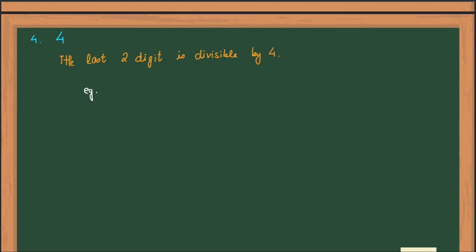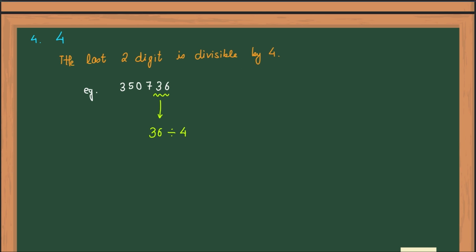Now let us consider the example 340736. What are the last two digits? Yeah, correct. The last two digits are 36. What we have to check is whether this 36, on dividing by 4, gives any remainder or not. If it gives a remainder, that means this whole number is not divisible by 4.